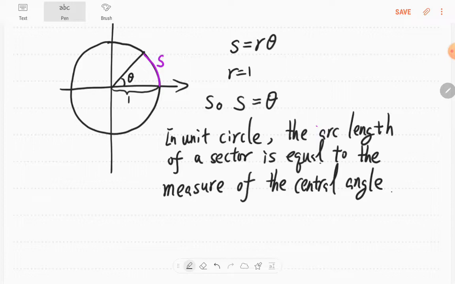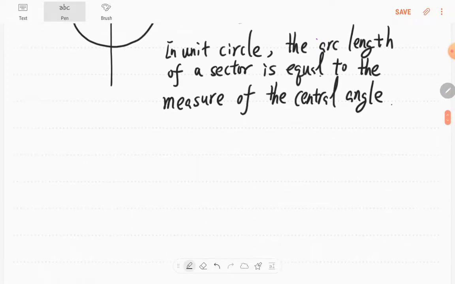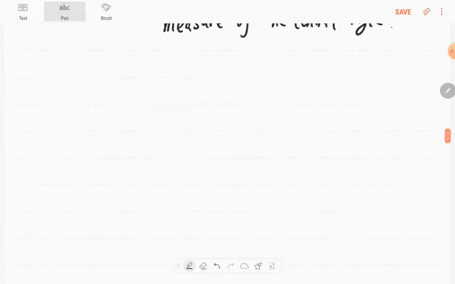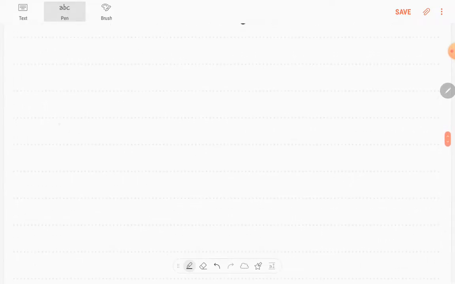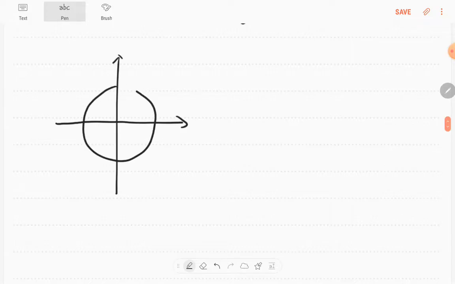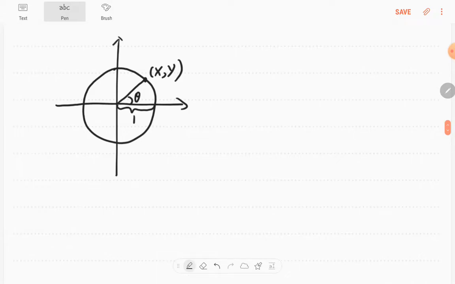And now let's look at the trig function values for the unit circle. If this is theta, and the intersection point here is x, y, the radius is 1, so the distance from this point to the origin is also equal to 1.